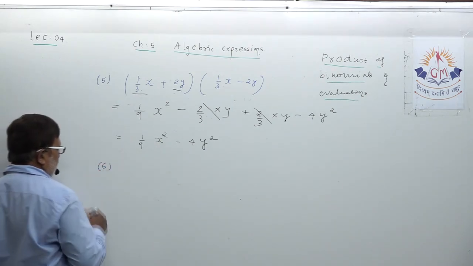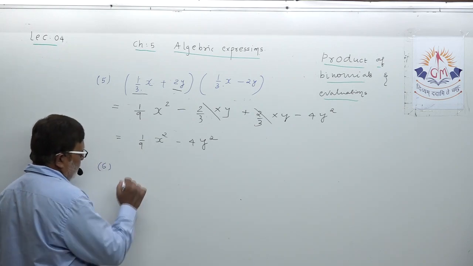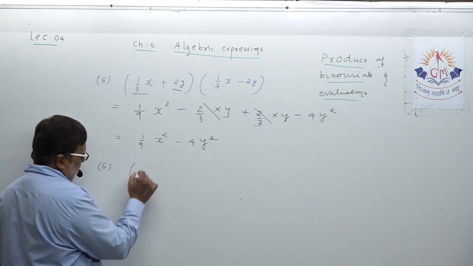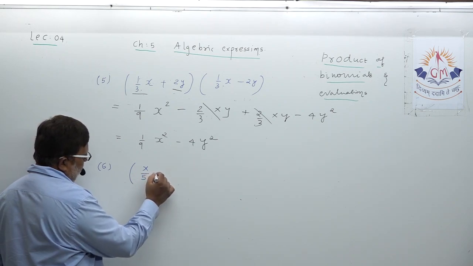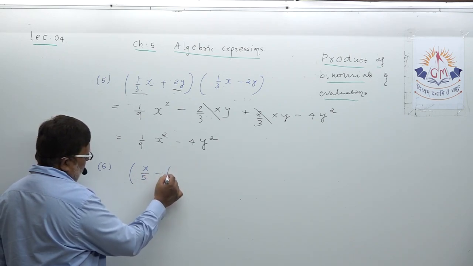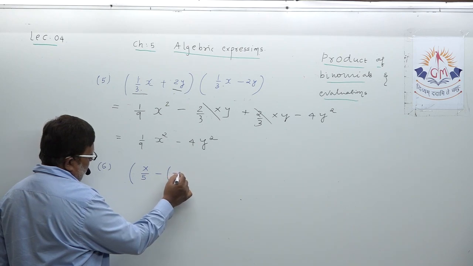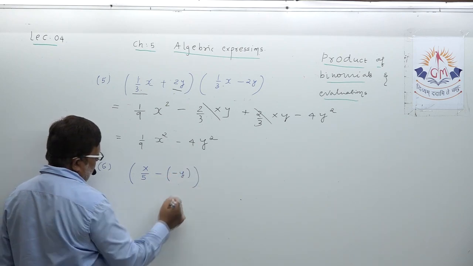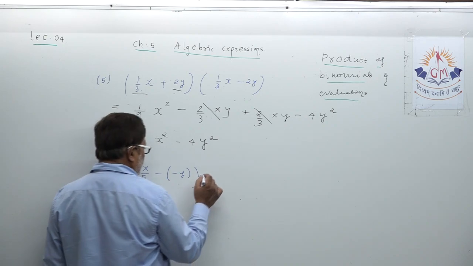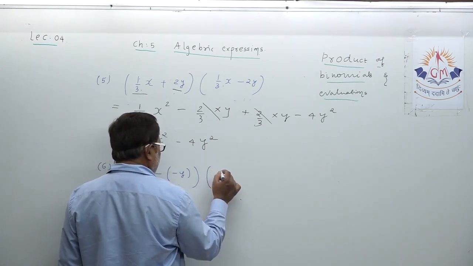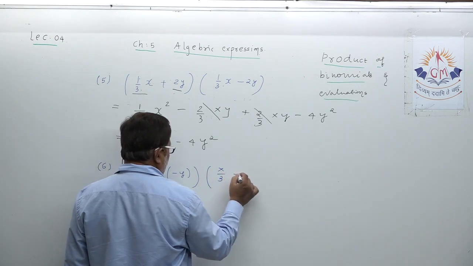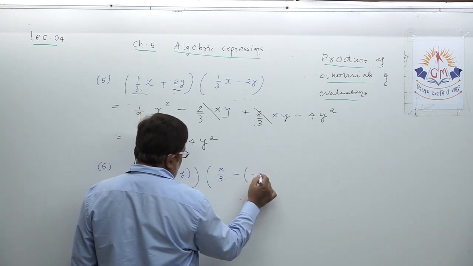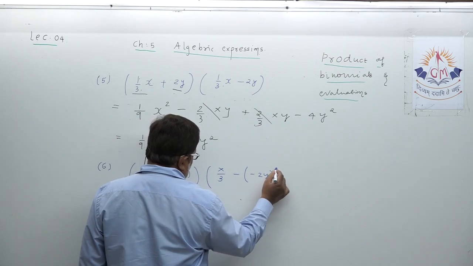Right, suppose such an example has been given. x upon 5 minus y, okay, then x upon 3 minus 2y.